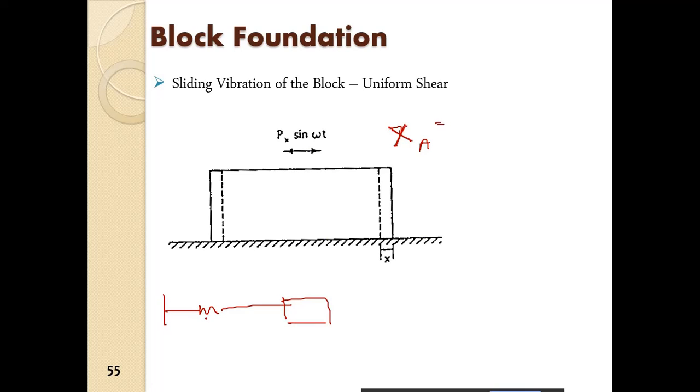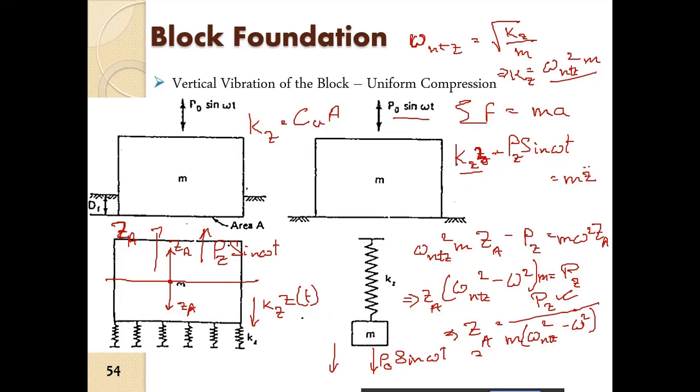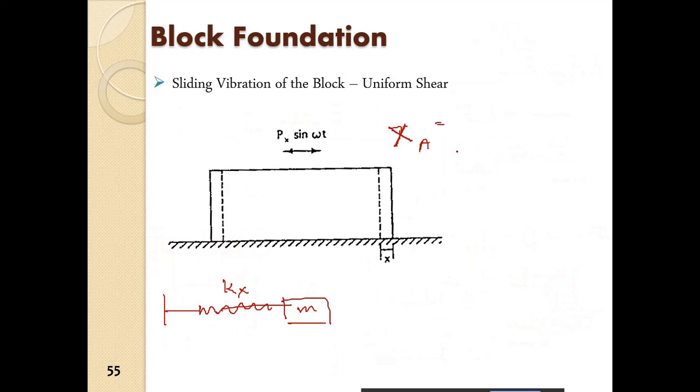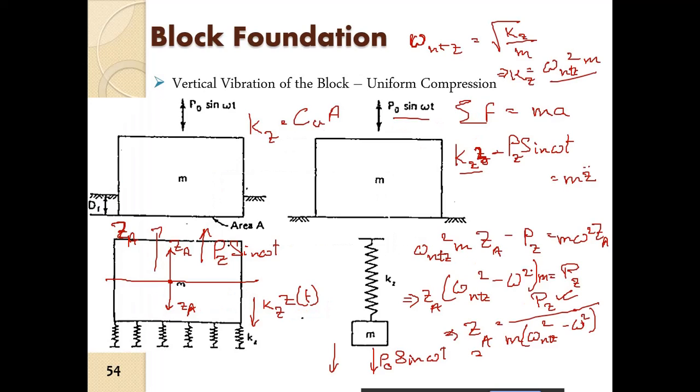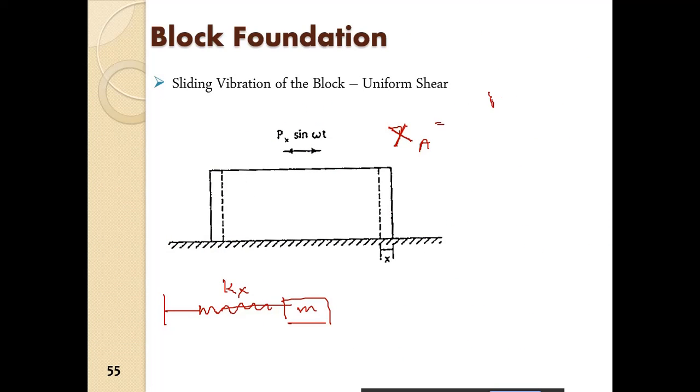So this is the mass and this is the spring, Kx, and this is the mass. Similarly, we will have XA equal to Px by m into omega natural in translation in the x direction square minus omega square.